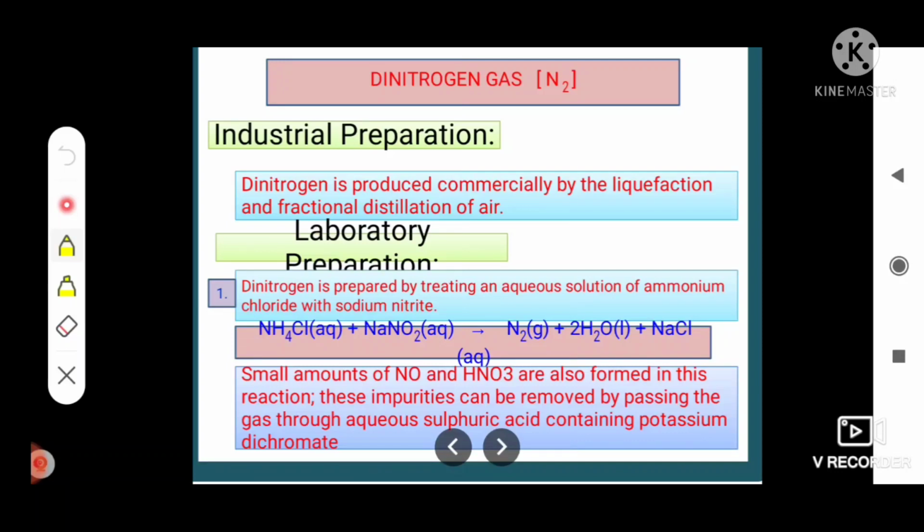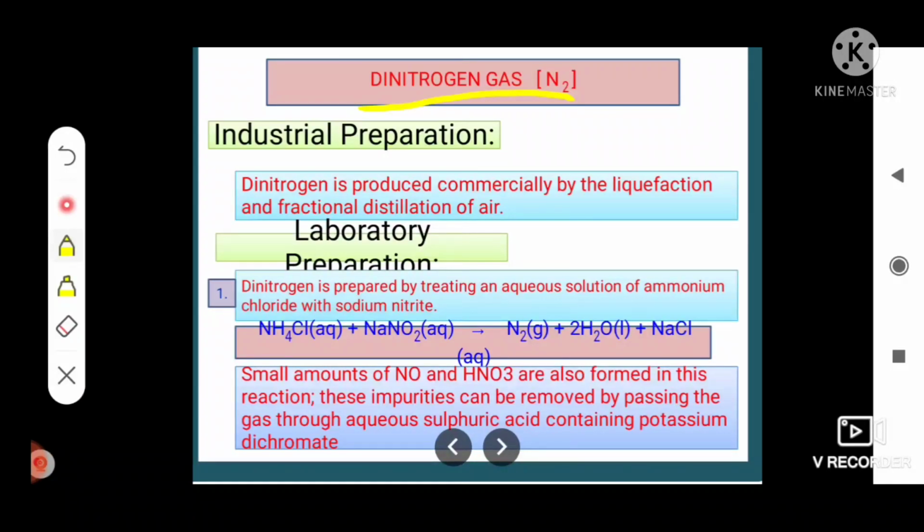We are going to discuss the preparation of dinitrogen N2. Dinitrogen is produced commercially by the liquefaction and fractional distillation of air.